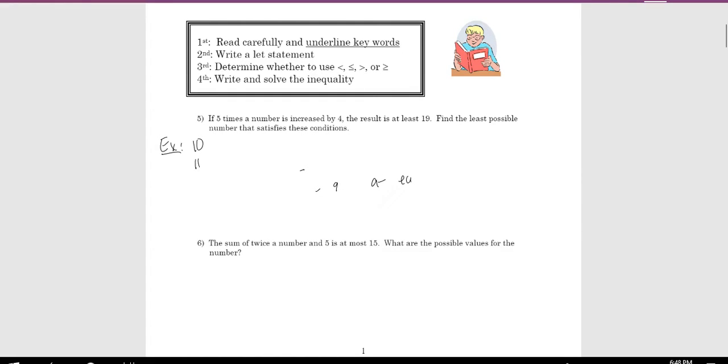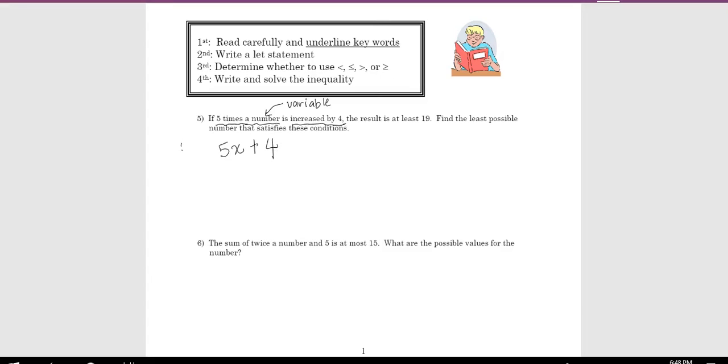I'd like for you to write these coming notes down. This you don't need to write down. So we know we have 5 times a number. We can represent this with a variable because we don't know what it is. So 5 times some number, let's say x, is increased by 4. Increase is a plus 4.